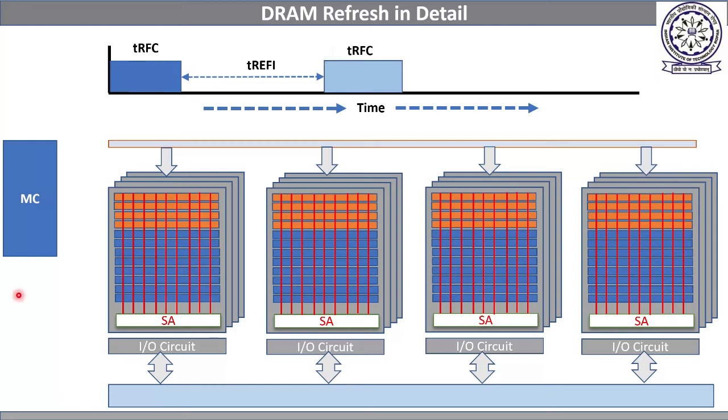This counter is called the refresh interval counter. Based on this counter, it will count this time, and after this time, it will send the second refresh command. Now the next point is, when the second refresh command is issued, how does the rank know that it should start refreshing from this particular row, because these 4 rows were already refreshed by the previous refresh command.